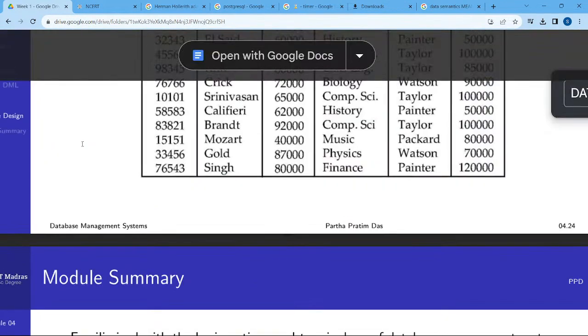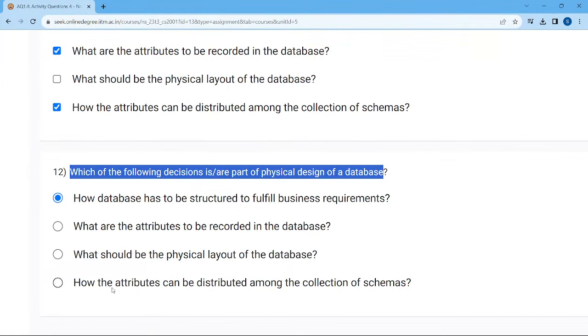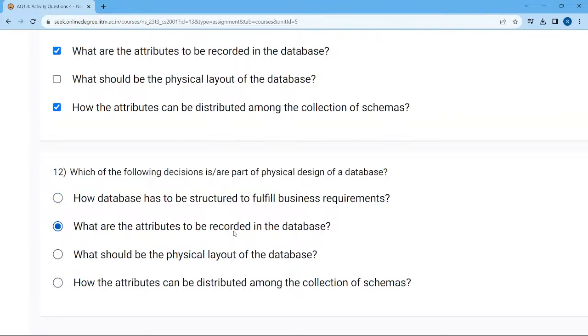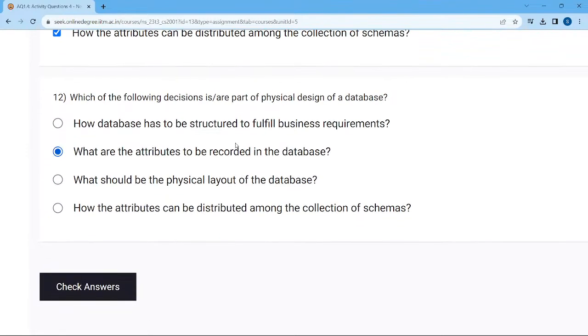Okay, I think that one is. What are the attributes to be recorded? I guess that is what is structured to fulfill the business requirement. What should be the physical layout of the database? I guess that is the answer.